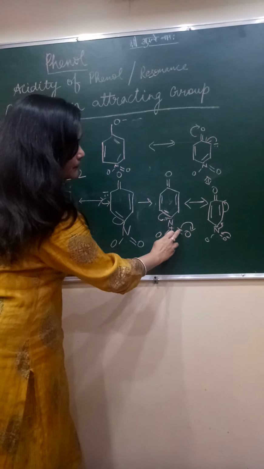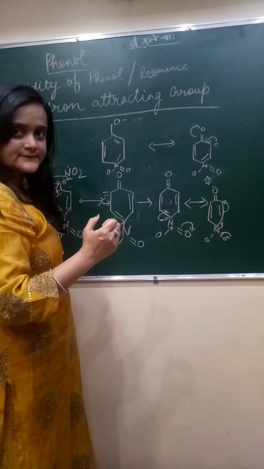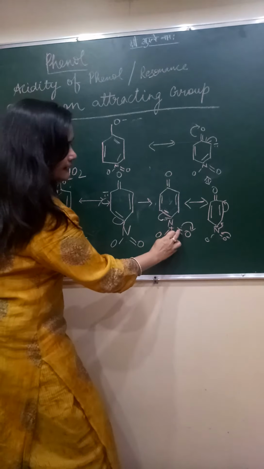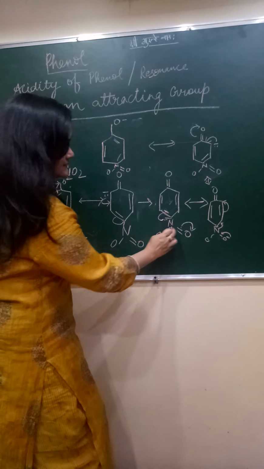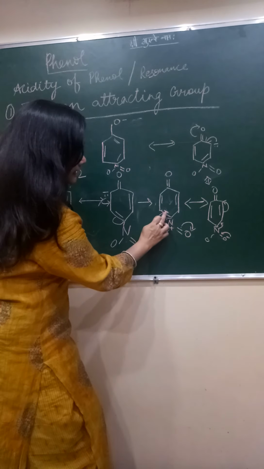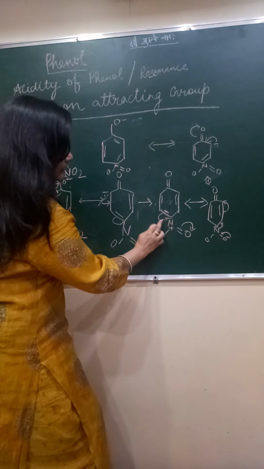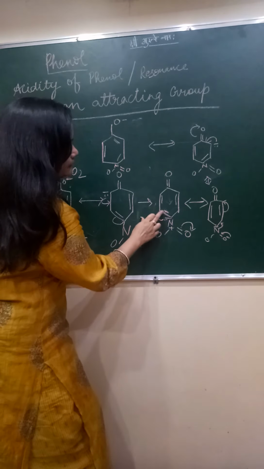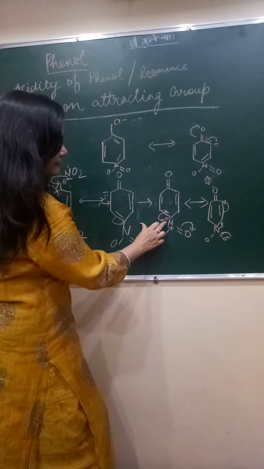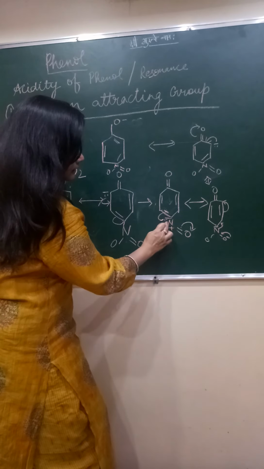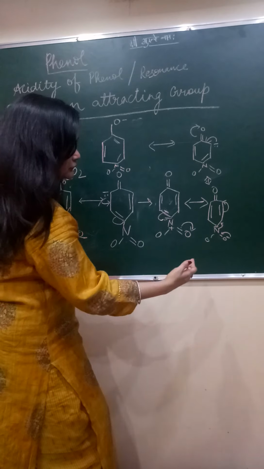This lone pair of electrons will shift to the oxygen, which, being more electronegative, will take the lone pair of electrons towards itself. It will become deficient and it will take the lone pair of electrons, because it has to shift here. When it takes the lone pair of electrons, then again the cycle will continue.